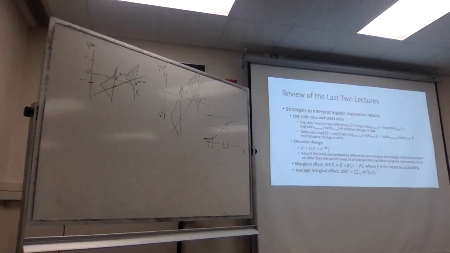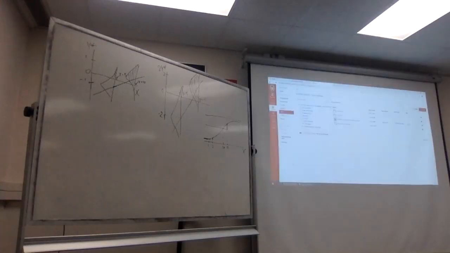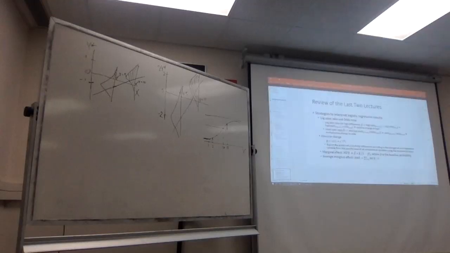The first one is log odds ratio and odds ratio. I think we have covered a little bit about that, but let's download the Stata exercise and work with the real life example of that to really clarify what it means to work with log odds ratio.